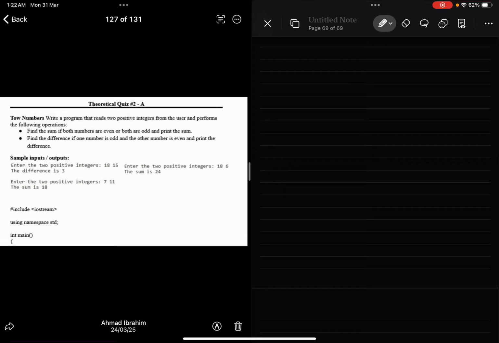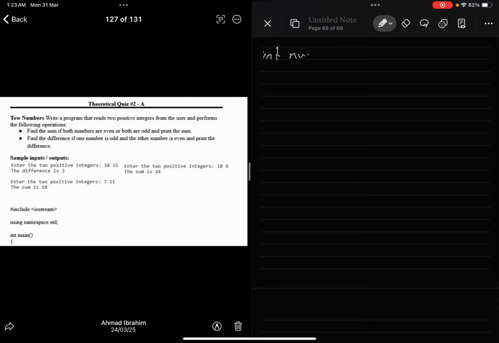Find the difference if one number is odd and the other number is even. So if both of them are even or odd, we print the sum. And if one of the numbers is odd and the other is even, we print the difference.